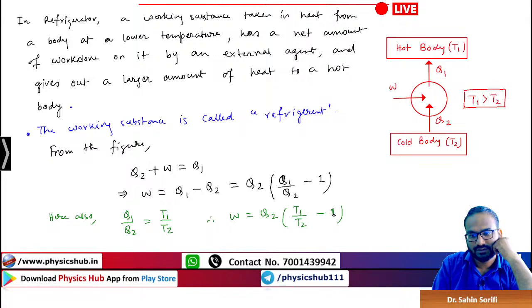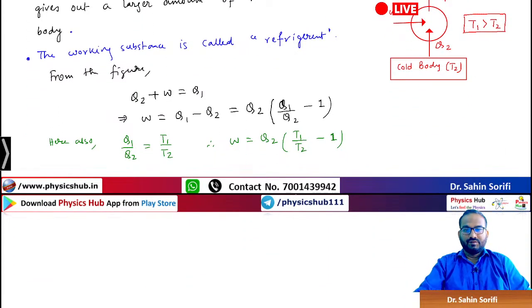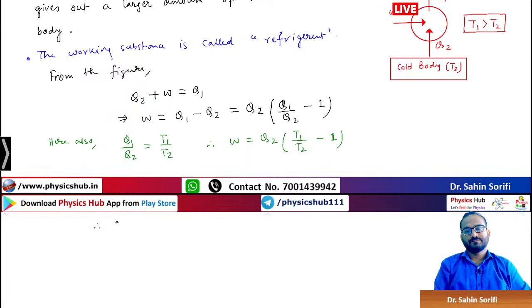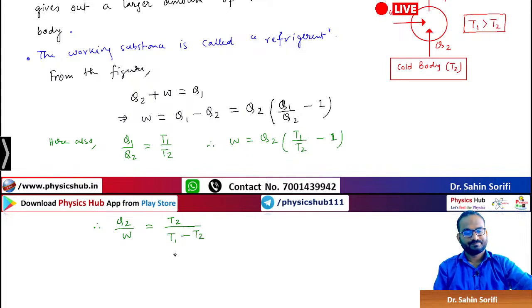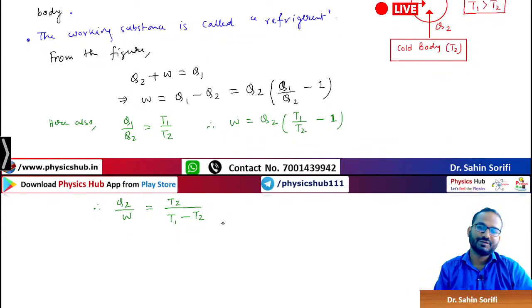Understand? We have not replaced Q2, we have kept it as it is. We have just replaced the ratio. So here our ultimate output is Q2. Input is work done. So Q2 by W is equal to T2 by T1 minus T2. This is called the coefficient of performance.